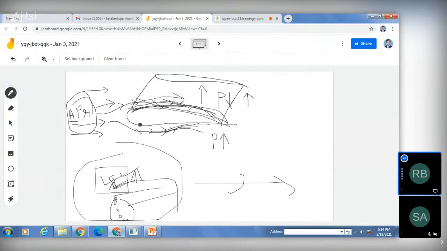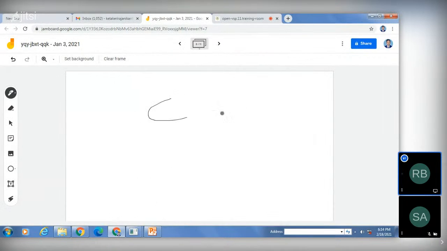And similarly, below the wing, we will get high pressure. So because of the pressure difference, we know the lift will be generated. Because of the pressure difference, the overall resultant we get is the lift.